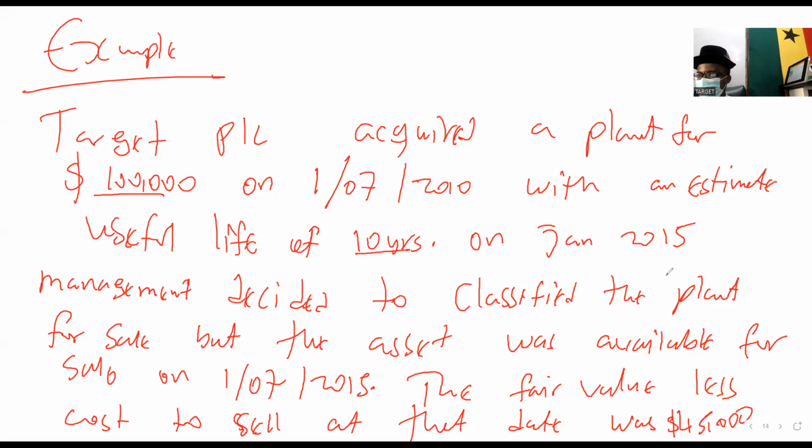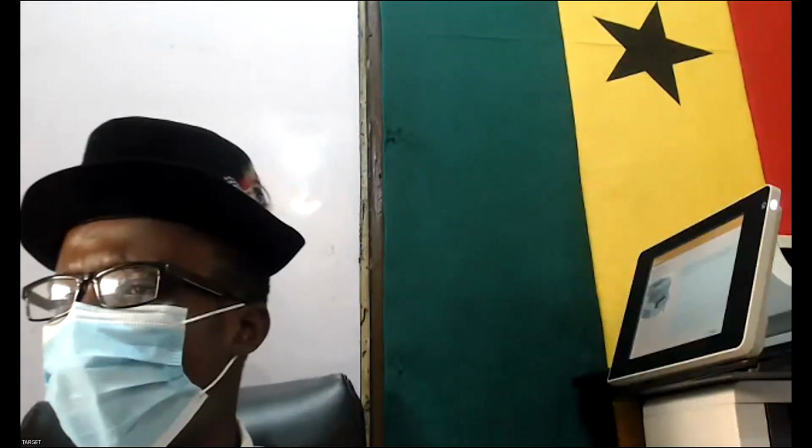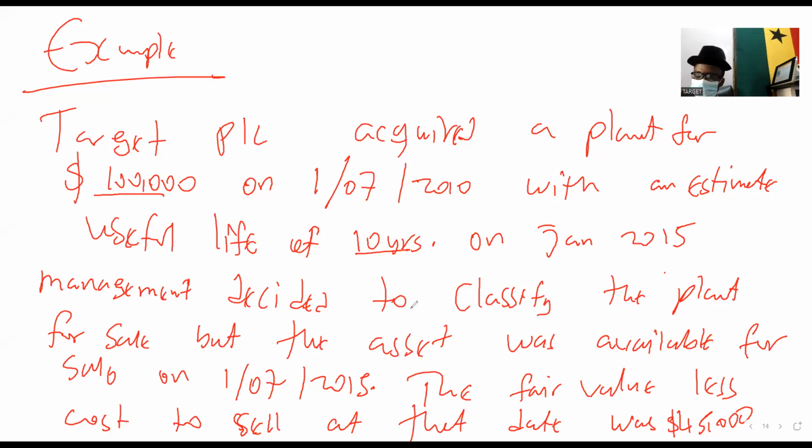On 1st January 2015, management decided to classify the assets as held for sale, no problem. But the asset was available for sale on 1st July. So where exactly, per the requirement of IFRS 5, which of the months can they record the asset as held for sale?